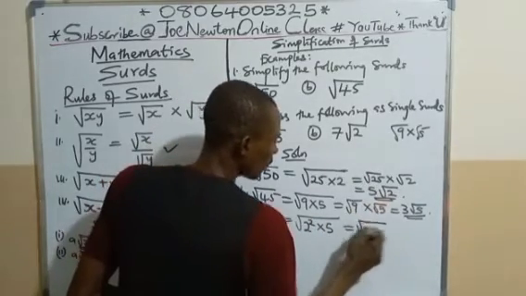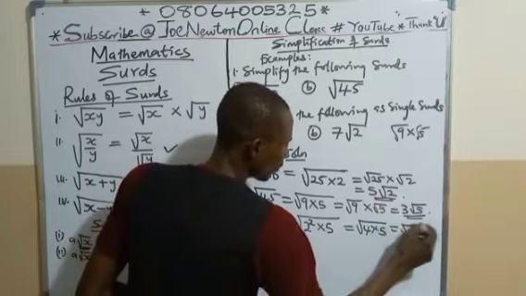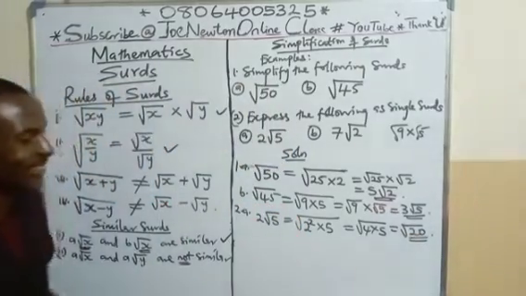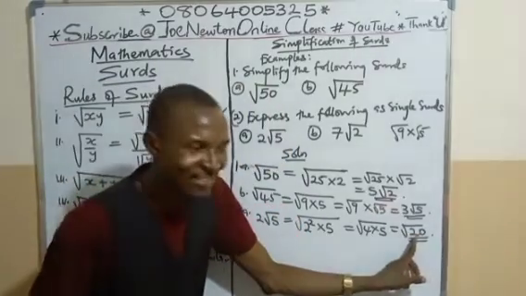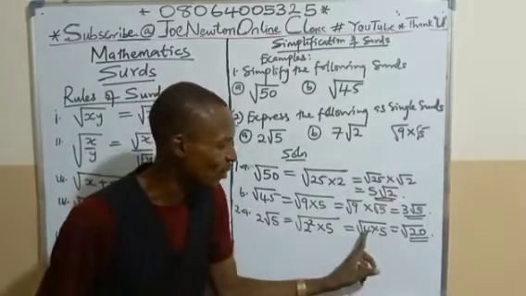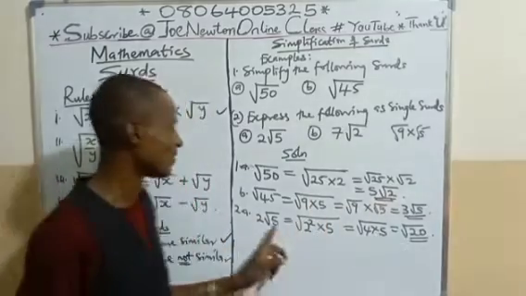So square root of 4 times 5, which equals square root of 20. That is the secret. If you break this down, you get back this: surd 4 times 5, and square root of 4 is 2 outside, and surd 5 here.